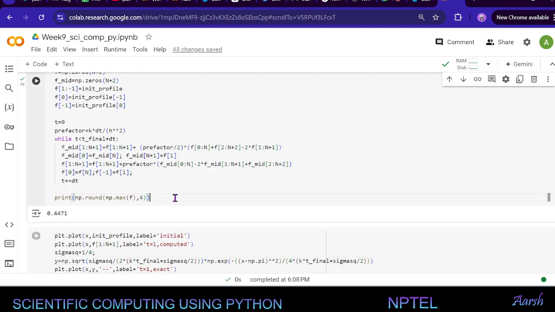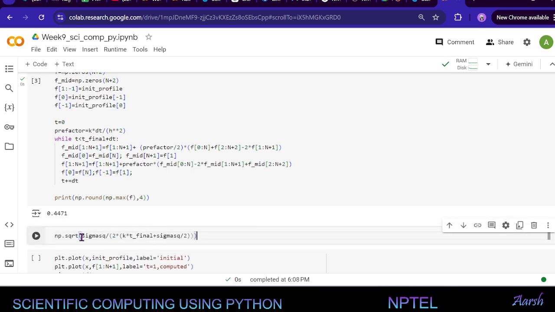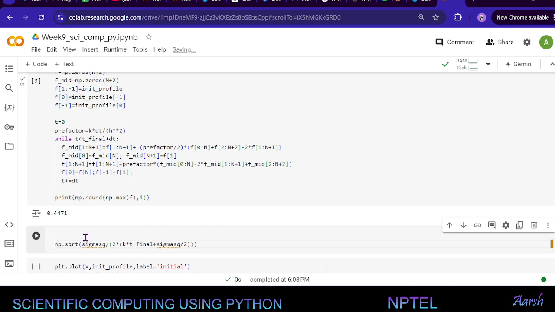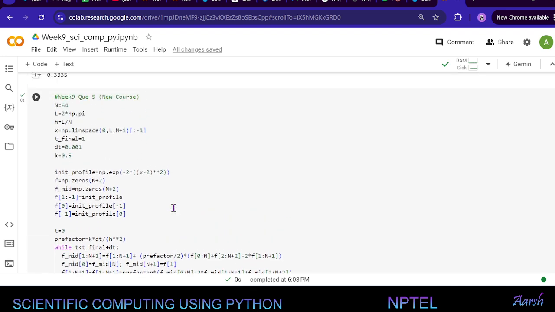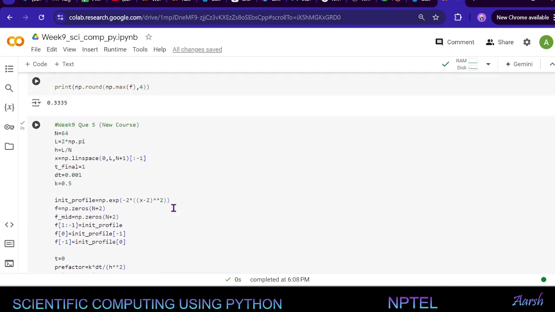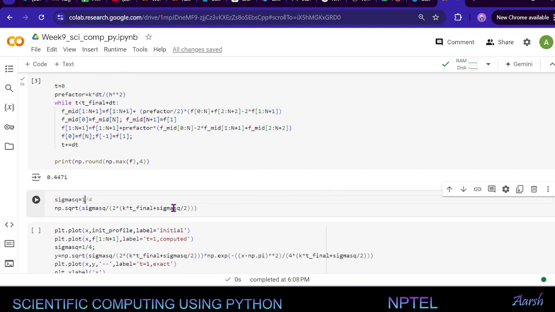So let me print this number, where sigma sq needs to be calculated. It's the same form, so it should be the same, 1 by 4.